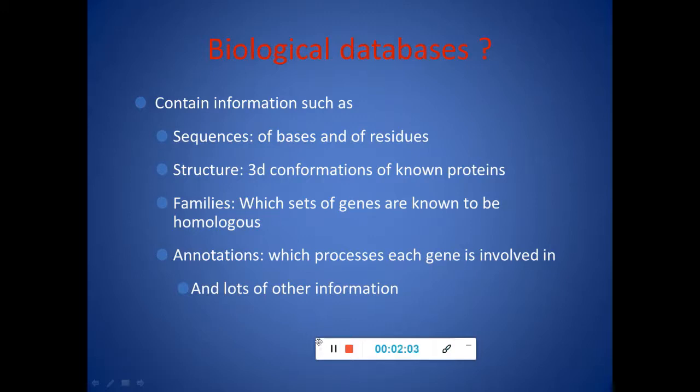Further on, you can also say which processes each gene is being involved in, what are the promoter sequences, what are the translated sequences here, what are the regulatory elements. All the sequences regarding a gene can also be explained in a biological database.